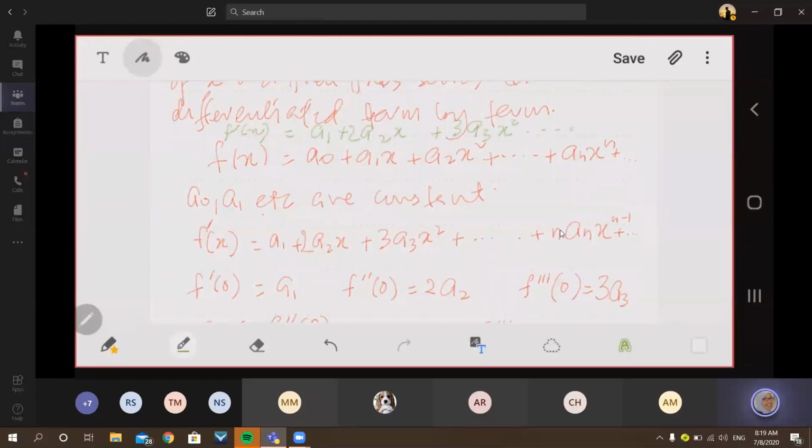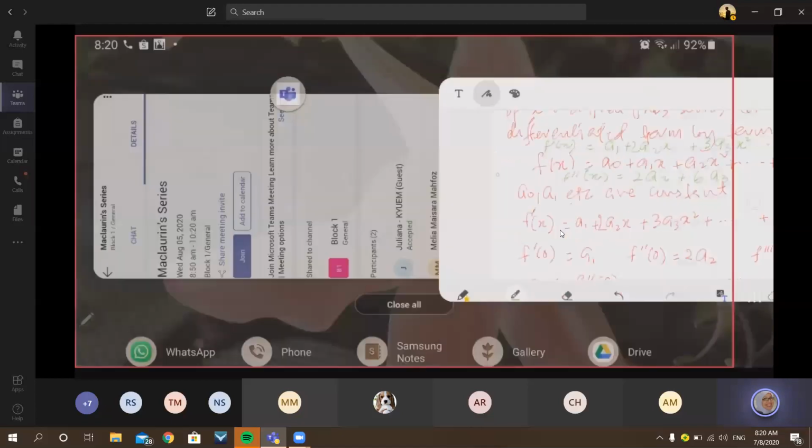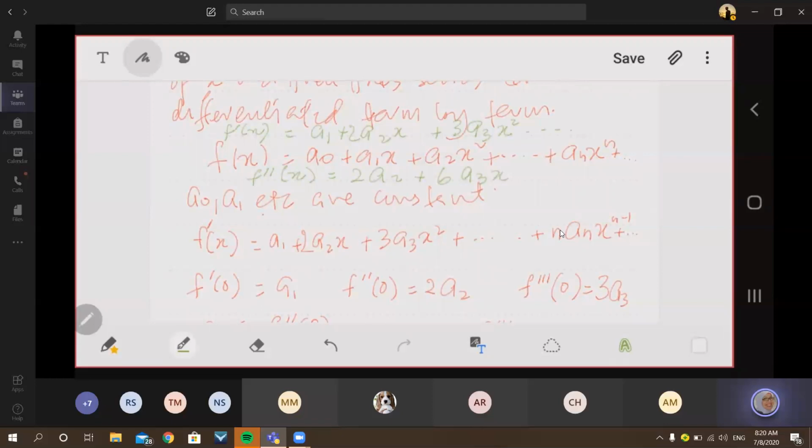When you differentiate further, you get f double prime of x equals 2a2 plus 6a3x plus, if that one just now was 4 times 3, which is 12, a4x squared.